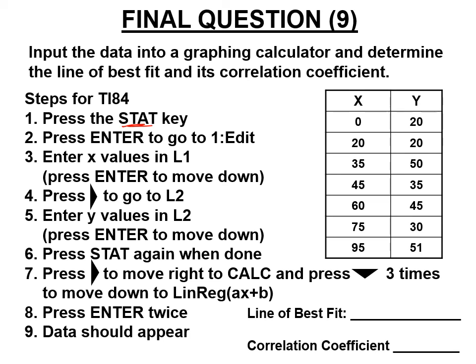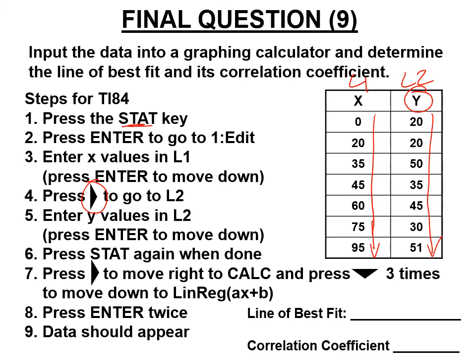Okay, you enter your x values. All right, it goes down. You do all your x values first. And you press enter each time, it will go down automatically. Then there's a right arrow key over on the upper right part of your keyboard there on the calculator, and that will bring you over to the y's. They call this L1 and L2. You'll enter your data. It will move down the list as you go.